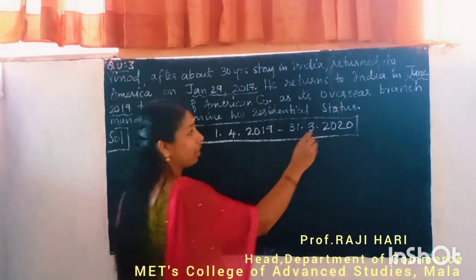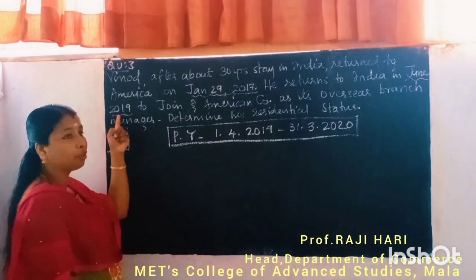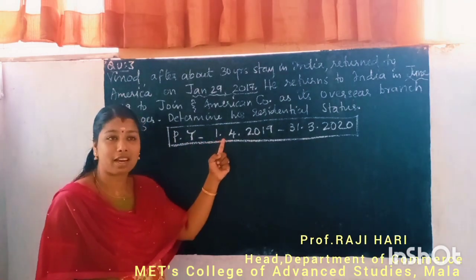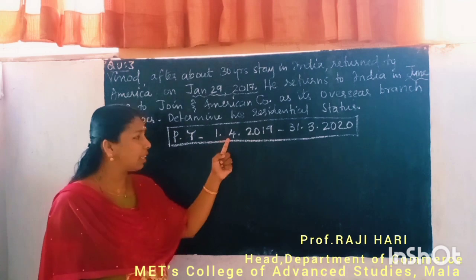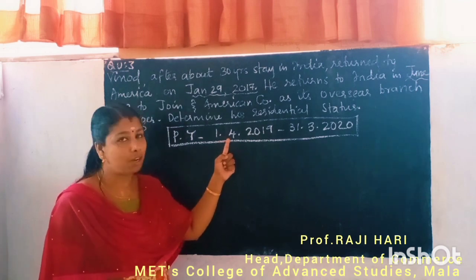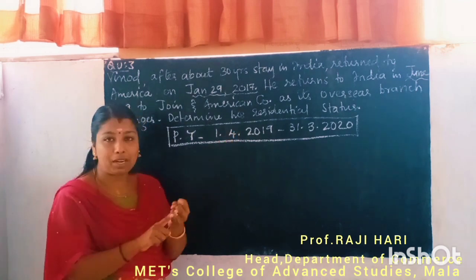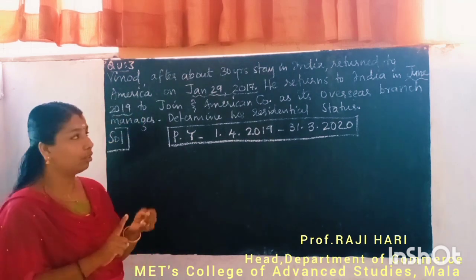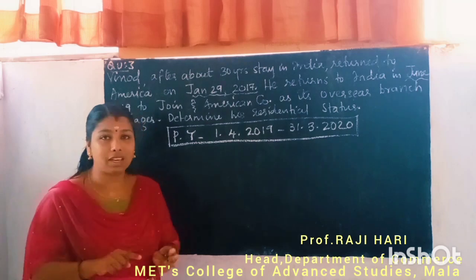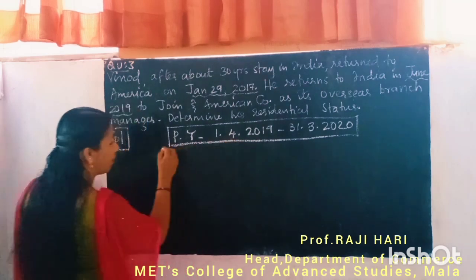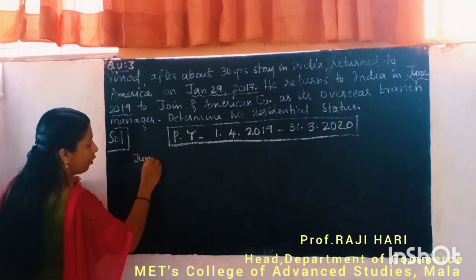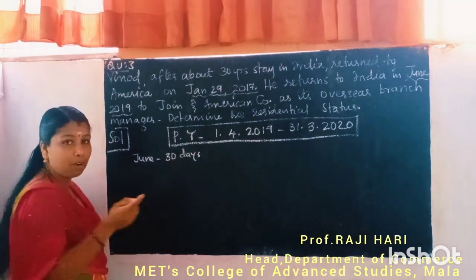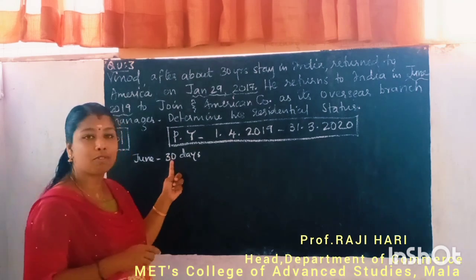The second point is he returned to India in June 2019. So you have to check our previous year starts in April. Whether he is in India at that time. No. Then May, no. Then June, he returned. So during the previous year he was in India for June, 30 days. I have already taught you how to calculate the number of days in each month.